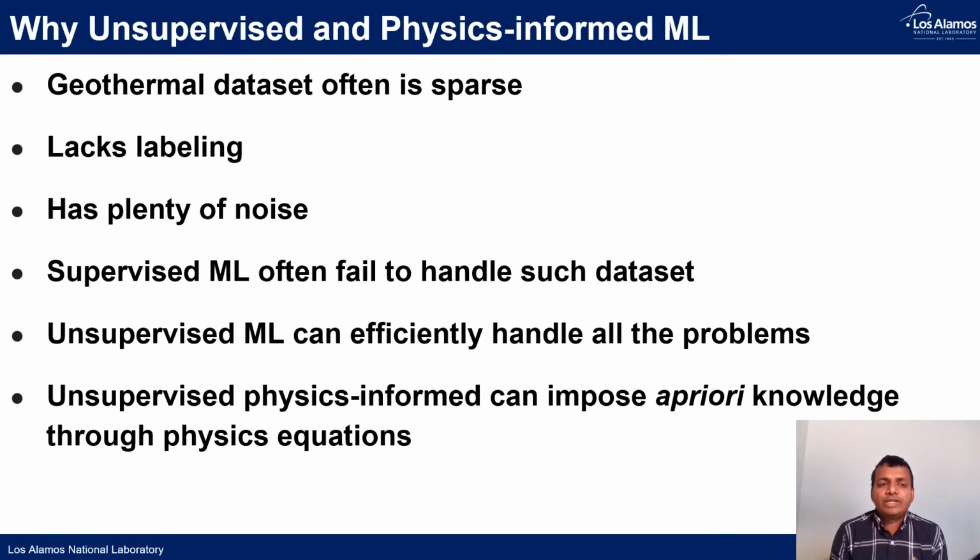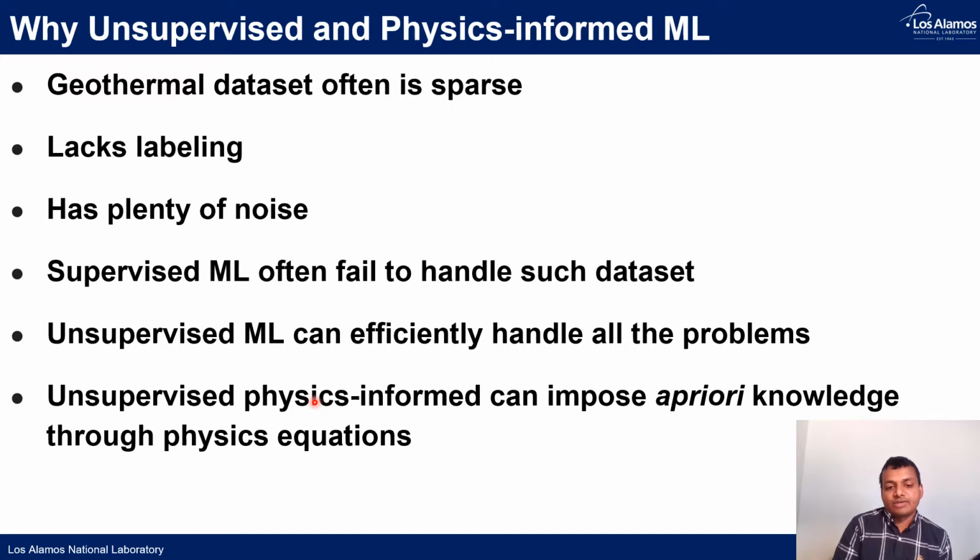So why did we use unsupervised and physics-informed machine learning as our major tools in GeoThermal Cloud? First of all, geothermal datasets are often sparse and lack labeling, along with plenty of noise. Supervised machine learning often fails to handle such datasets, whereas unsupervised machine learning can efficiently handle these three main problems: sparsity, labeling, and noise.